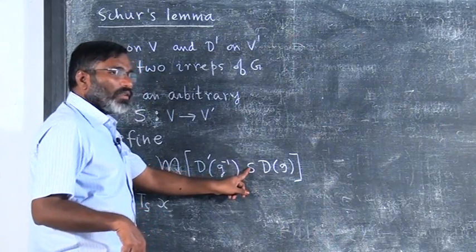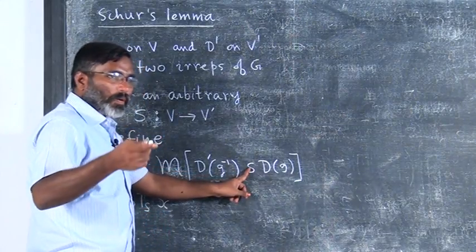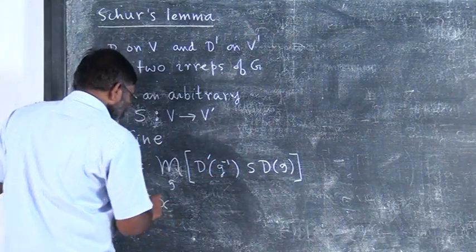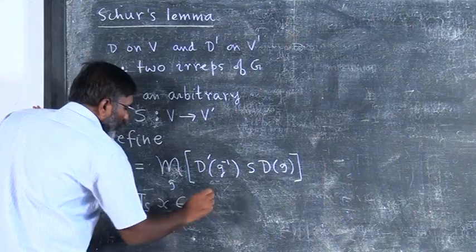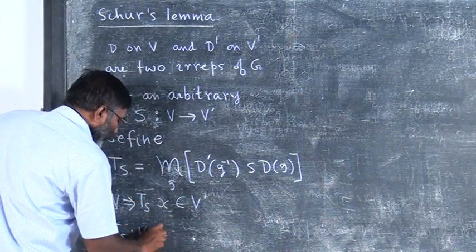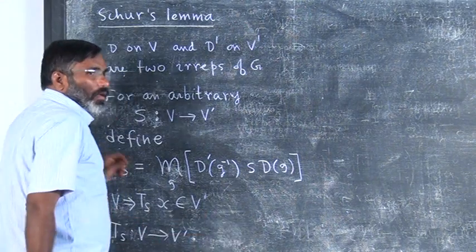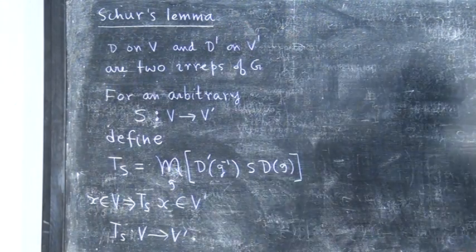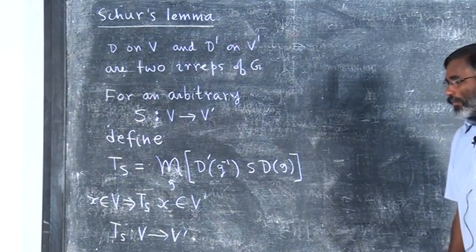S operating on X will give you an element in V prime. D prime operating on that will give an element in V prime. So T_S of X is in V prime. So first notice that this T_S, the way I defined it, is a map from V to V prime.